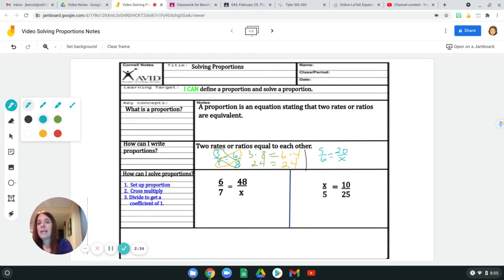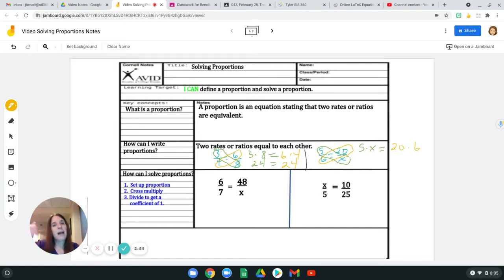Again, just using the idea of cross multiplication, numerator times opposite denominator, 5 times x, and we're going to set that equal to the other numerator times opposite denominator, 20 times 6.